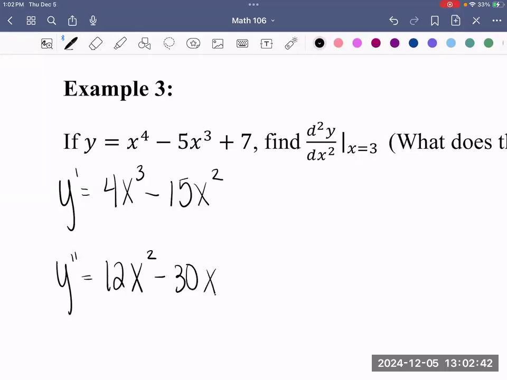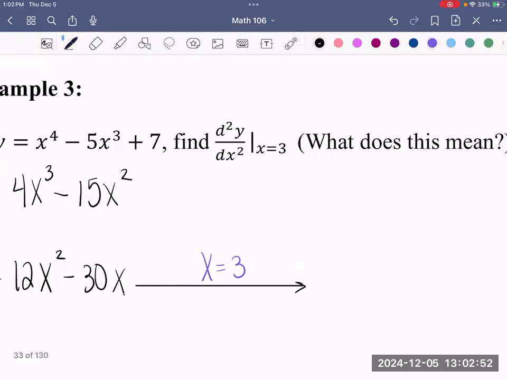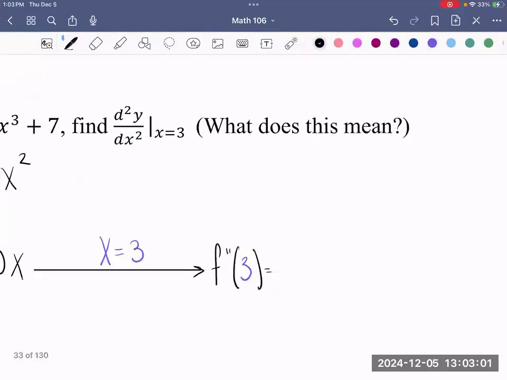Now that you've taken your second derivative, we are going to substitute when x is equal to 3. So we are going to replace x with 3. I'm going to swap f of x for, or sorry, y for f of x. So now let's go ahead and plug it in.